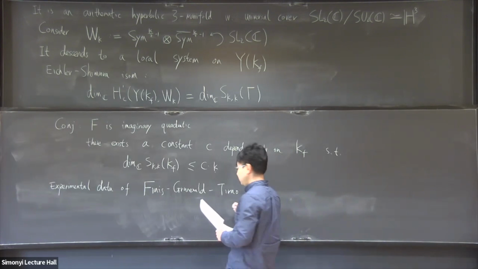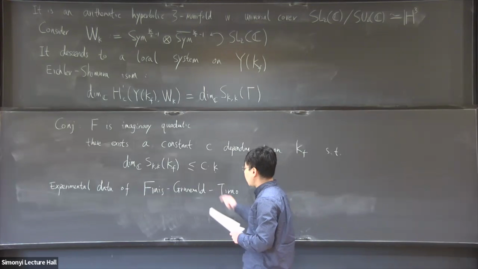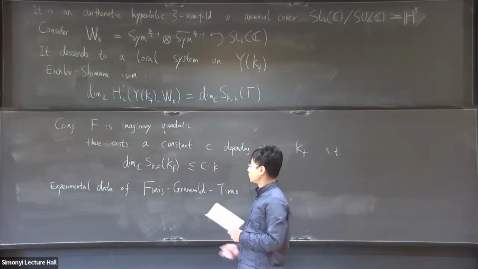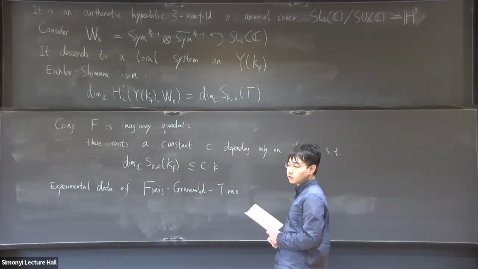So we don't have an asymptotic. This is an upper bound first. But in general, we don't expect some lower bound.